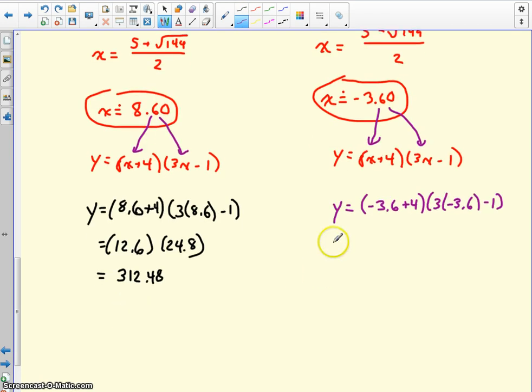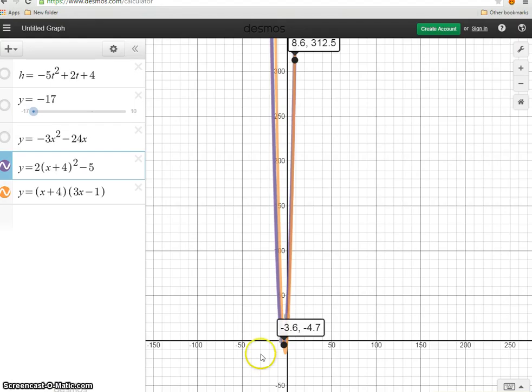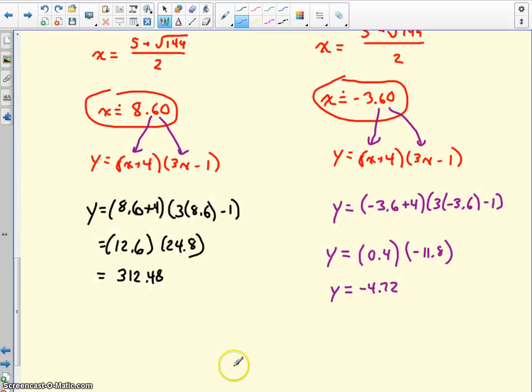So I get one y value at 312.48, and over here I get about negative 4.72. Let's make sure this matches my graph. About negative 4.7 and 312.5, which is what I get here.